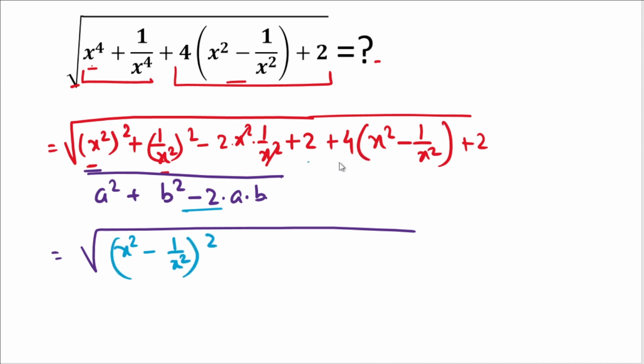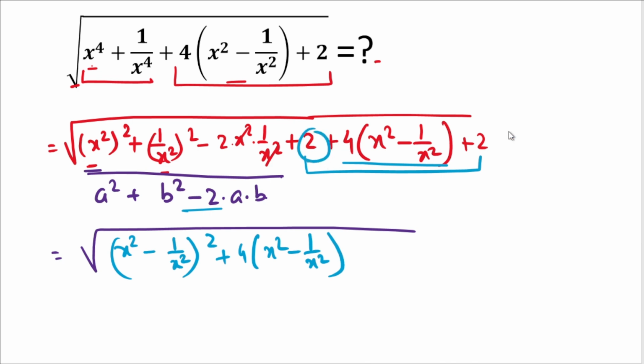Now after that we'll write the remaining term. So from here to here we'll write the first term. So it is plus 4 times x square minus 1 over x square, and here 2 and plus 2 will be plus 4.